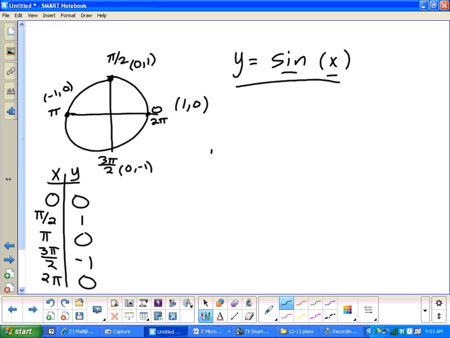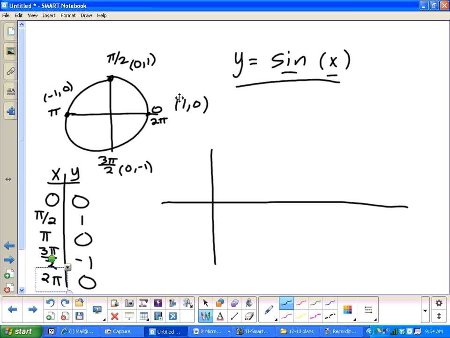Now, when we do the graph, we don't do the entire graph, but we only do what's called one period. The period is how long it takes to make a complete cycle of the curve. So think about here, past 0, we've got 1, 2, 3, 4 angles past 0, right?